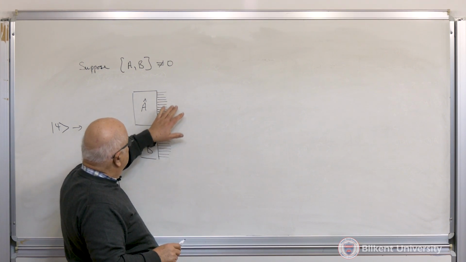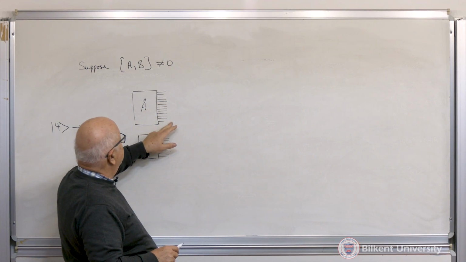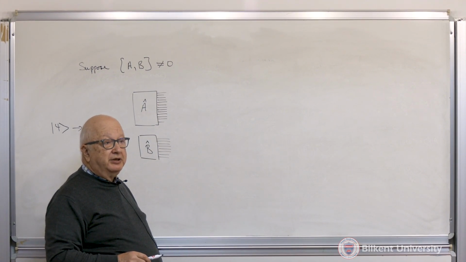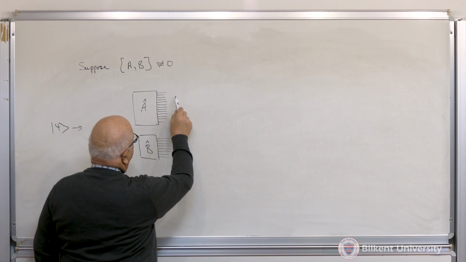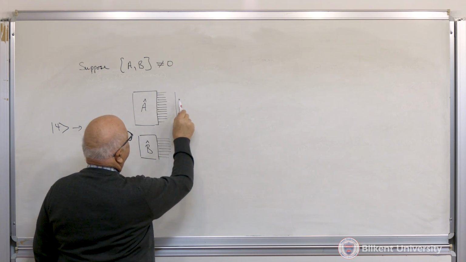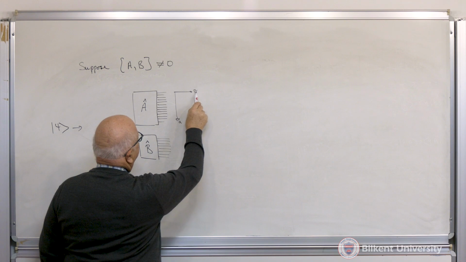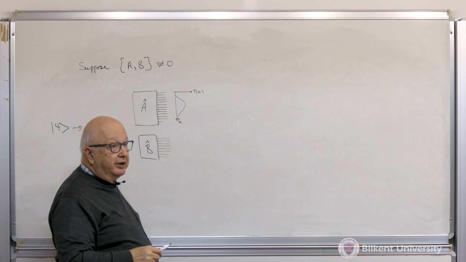So each one of these things has certain probabilities. I can make perhaps a probability plot of what this A is going to be, and this is the probability of A in this direction, and this will have a certain probability, right?